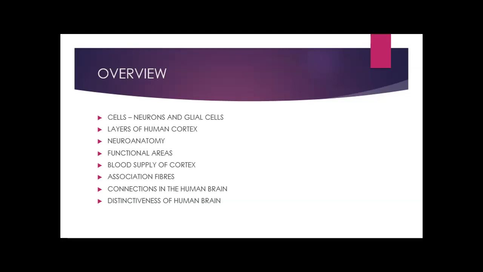Lesion of the parietal lobe causes hemineglect syndrome. Which part of the parietal lobe, right or left? The dominant one? Then the non-dominant parietal lobe, the right side.